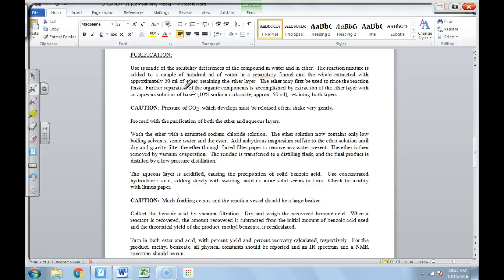So it says from here, further separate the ether layer. This ether layer is that ether layer here, and this aqueous layer here is this here. Okay, so just know that you do that.